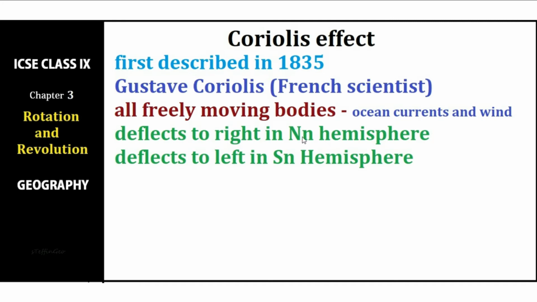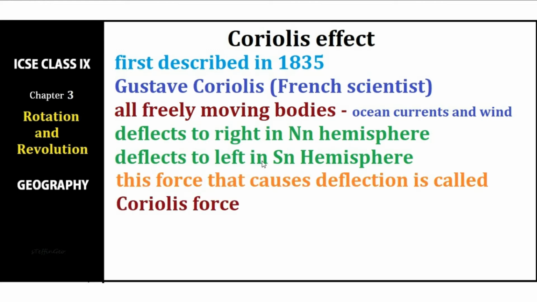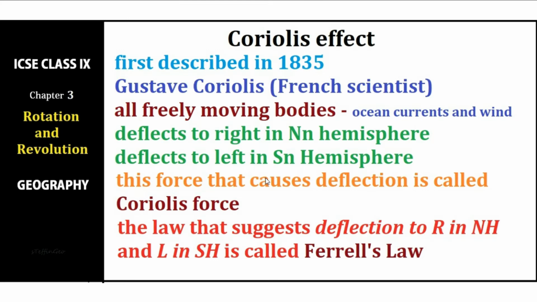objects, say for example wind, deflect towards the right side in the northern hemisphere and towards the left side in the southern hemisphere. Right. So the force that causes the deflection is Coriolis force, and this one particular effect, deflecting towards the right side and left side in the northern and southern hemispheres, is called the Coriolis effect, and as a law it is called Ferrel's law.